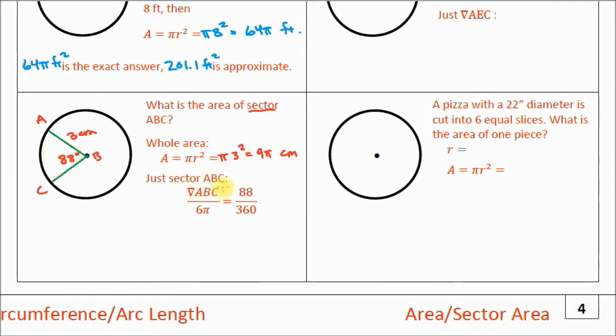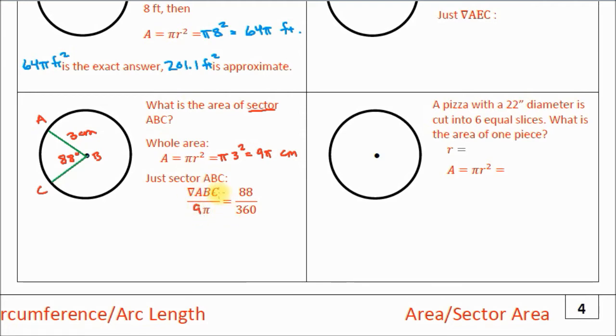So the area of this sector ABC is found by the sector ABC over the entire area of the circle. And you know what? This is not supposed to be a 6. This is supposed to be a 9. So the total area of this circle should have been 9. Let's correct that.